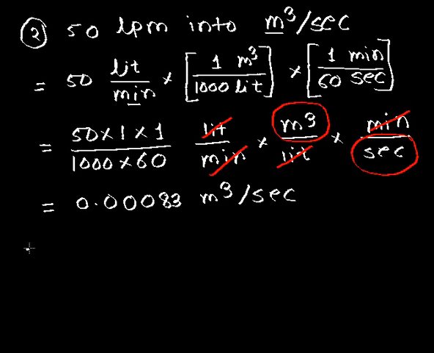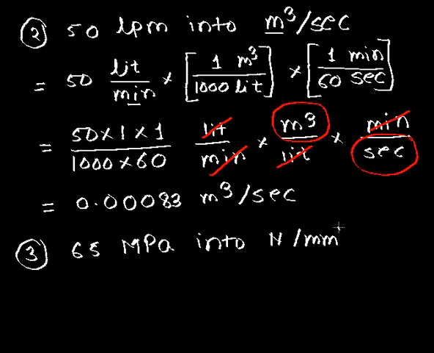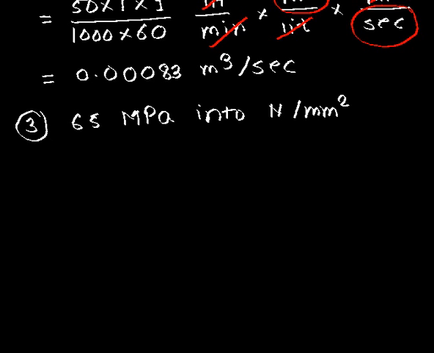Let us try one more example that we commonly encounter. This example is about the unit of stress, 65 megapascal, into Newton per millimeter square. Generally in strength of materials we use this unit, Newton per millimeter square. Let us see how to convert.